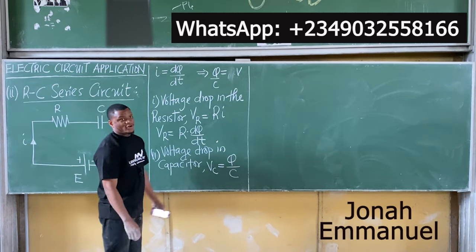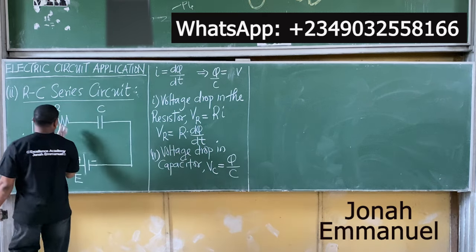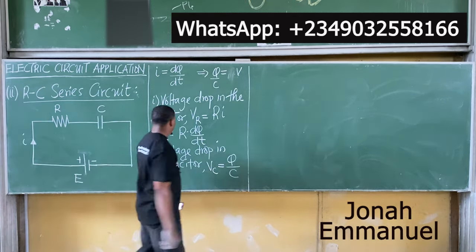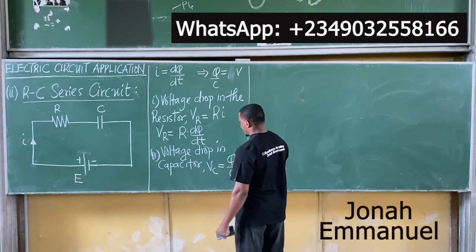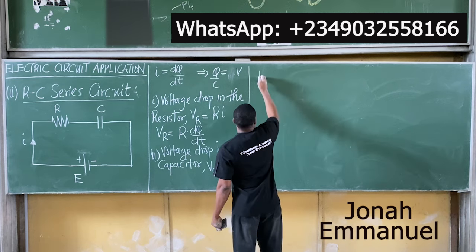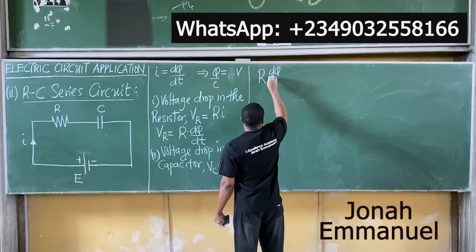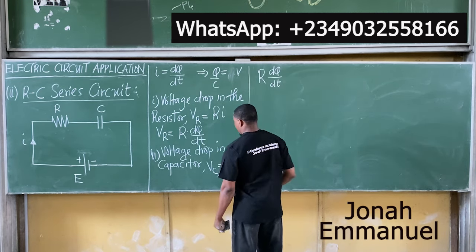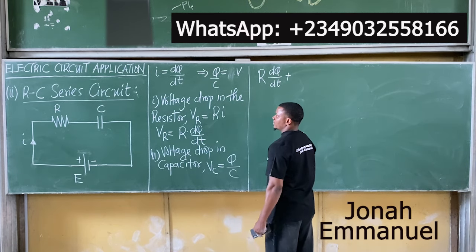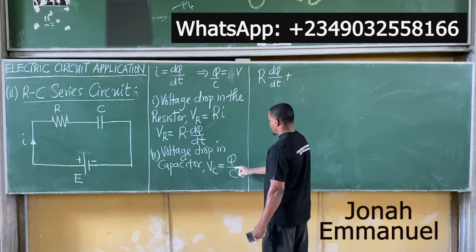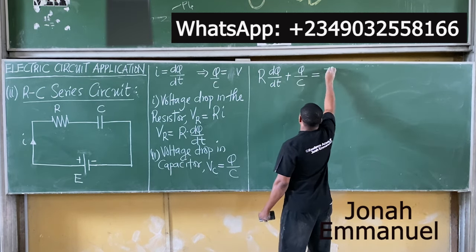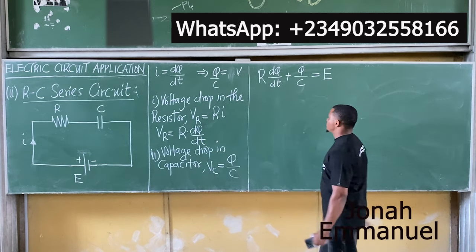If you use Kirchhoff's law, combine the voltage drop here and the voltage drop here, it will be equal to E. The voltage drop of the resistor is R dq over dt, plus the voltage drop of the capacitor, Q all over C, which from Kirchhoff's law is equal to the electromotive force.